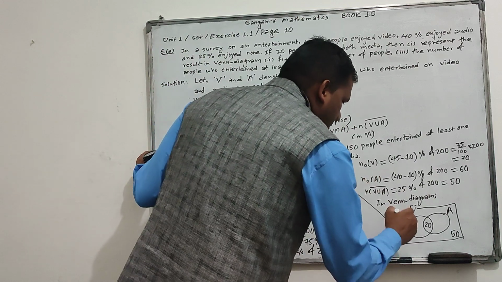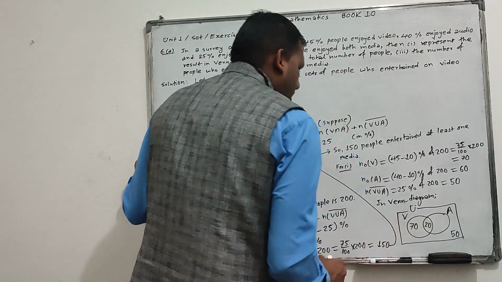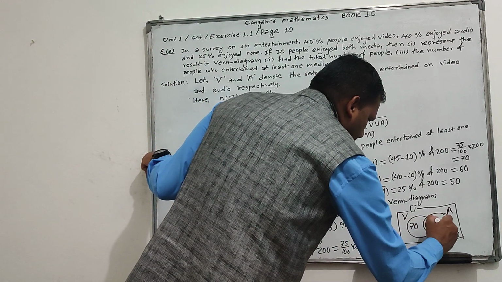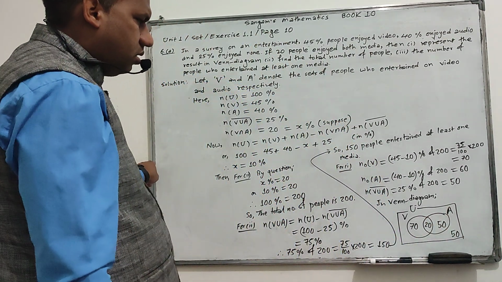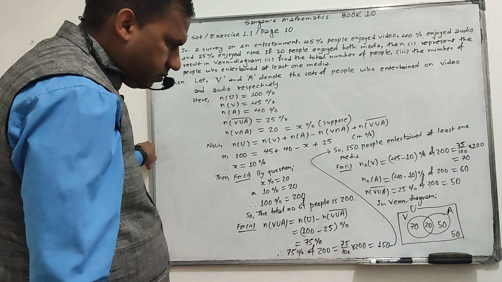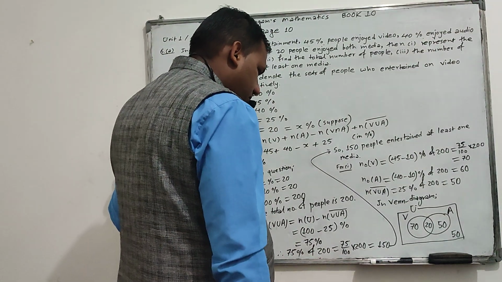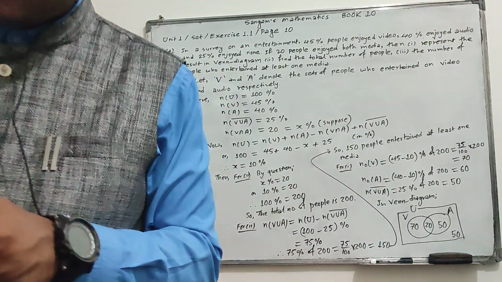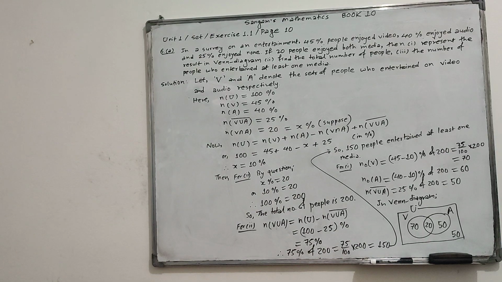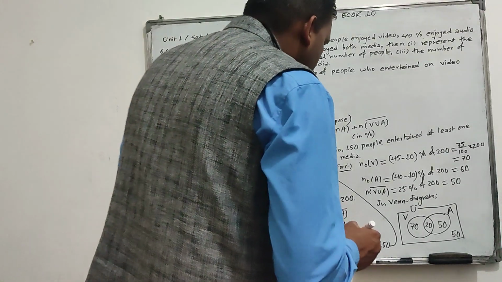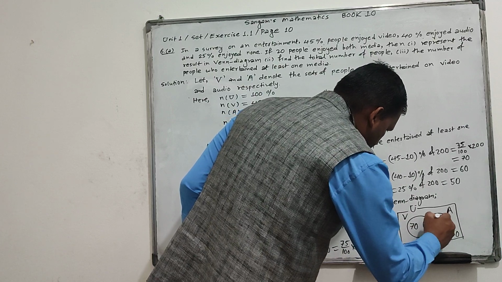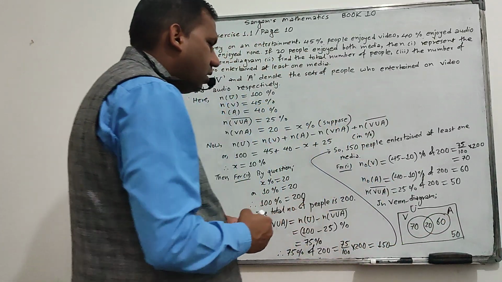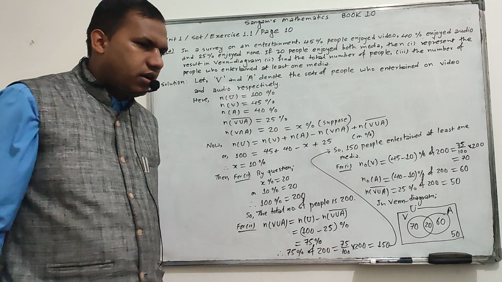Under B only is 70 and under A only is 60. Now the total is 200. So this is the required Venn diagram.